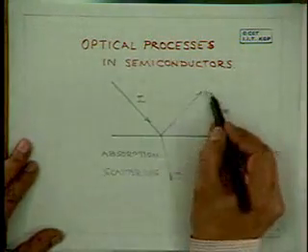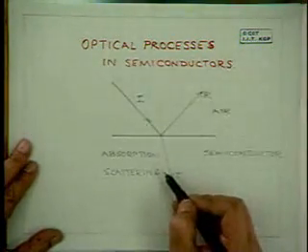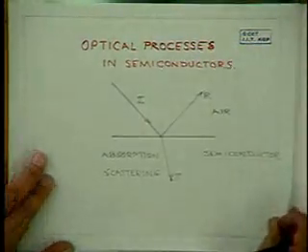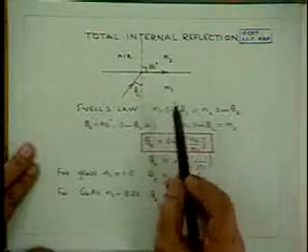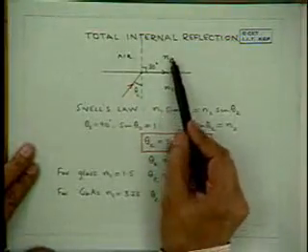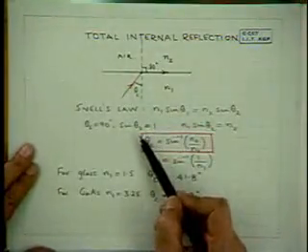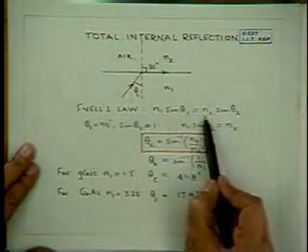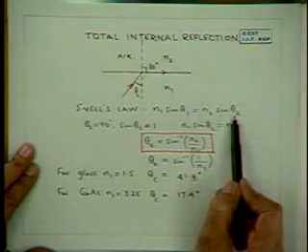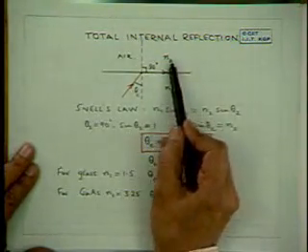Let us take the simple case of a reflection at the interface. As is well known, refraction at an interface obeys Snell's law. So if you have light going from a medium N1 to a medium N2, then Snell's law says that N1 sine theta 1 is equal to N2 sine theta 2. Here N1 is the semiconductor and N2 is air.